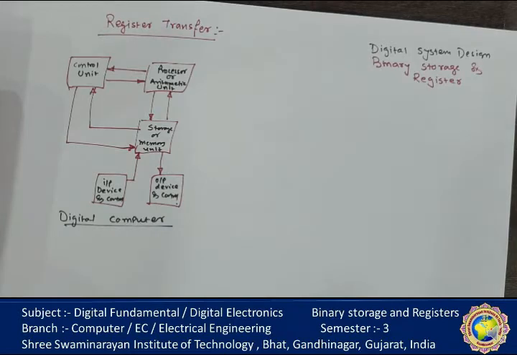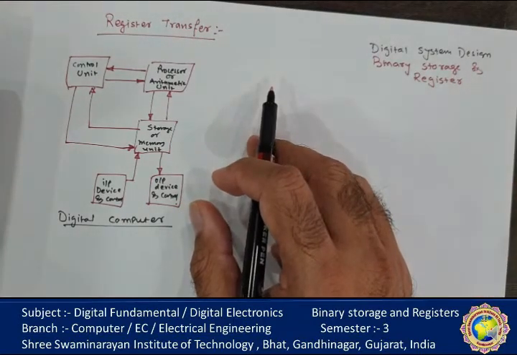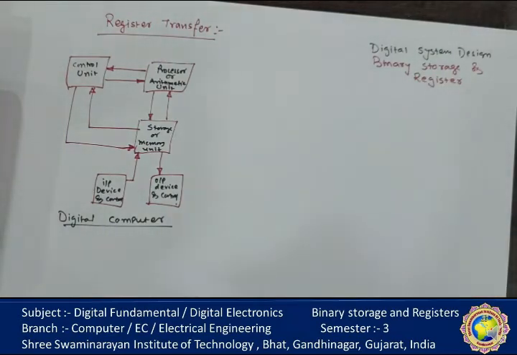In an inter-register transfer operation, the basic operation in a digital system consists of a transfer of the information stored in one register to another register. Let's see how it can be shown pictorially. We can demonstrate the transfer of binary information from a teletype keyboard.